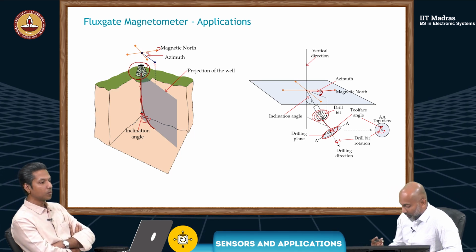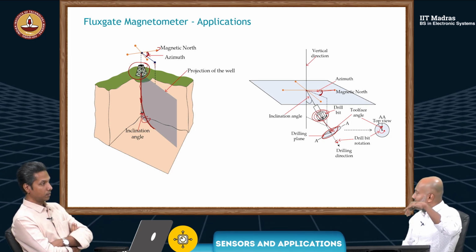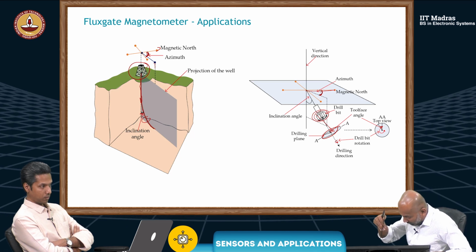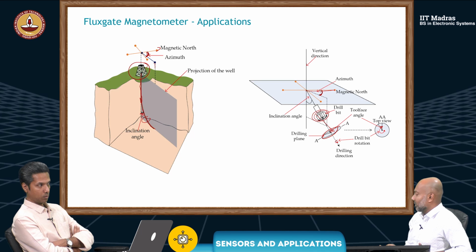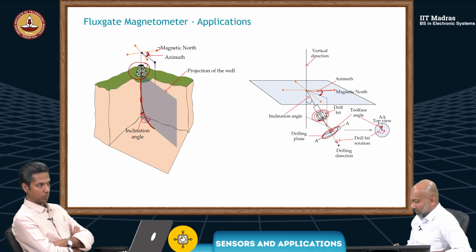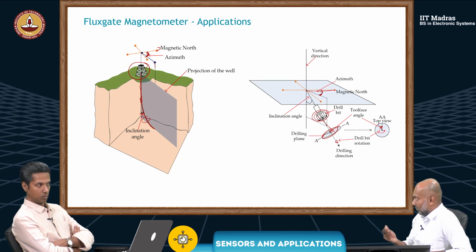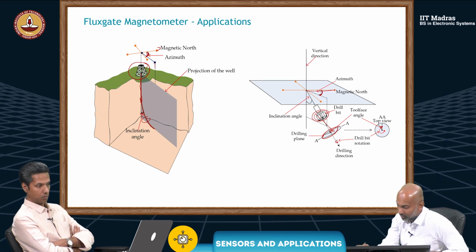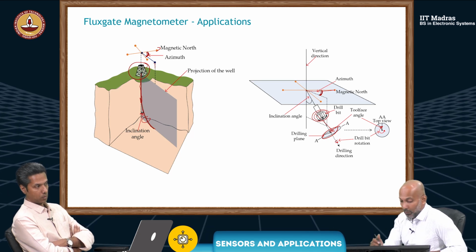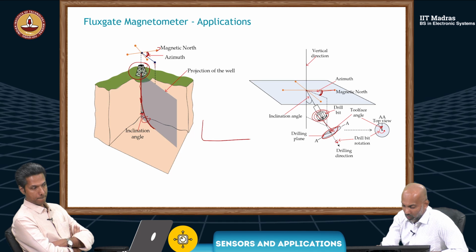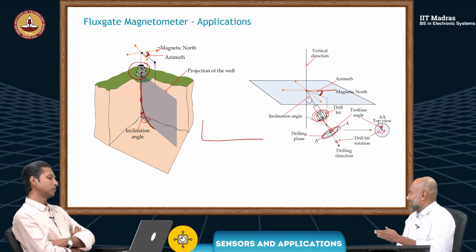Now, see this angle we talk about here. When you're vertical, you use your fluxgate to measure this tool face angle. But when it becomes totally horizontal, then you use accelerometers. You use gravity.